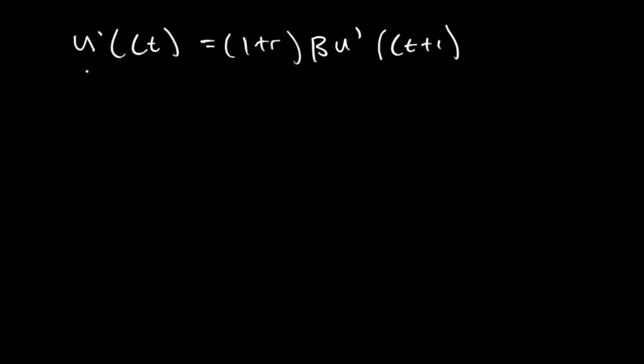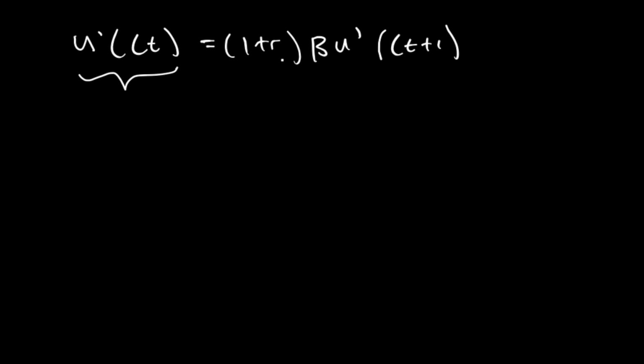So more specifically, what it tells us is that the consumers are indifferent between this and this because they're equal to each other. So they're indifferent between these two sides of the equation. They're indifferent between consuming a single unit of consumption, C_t, that gives them marginal utility, so this, U'(C_t), and saving in order to consume 1 plus R units of consumption in time t plus 1.